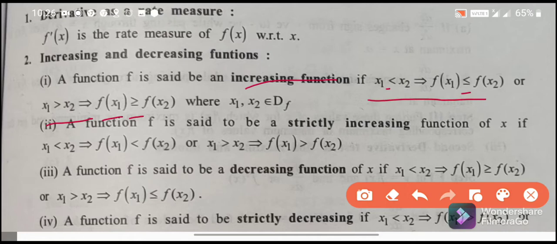In both cases it is an increasing function. Now strictly increasing function. For strictly increasing, x1 is less than x2 and f(x1) is less than f(x2). There is no sign of equality, then it is called strictly increasing. x1 is greater than x2 implies f(x1) is greater than f(x2).